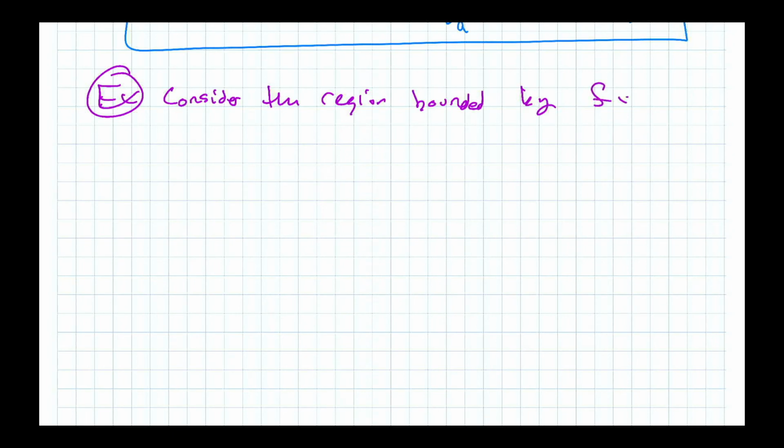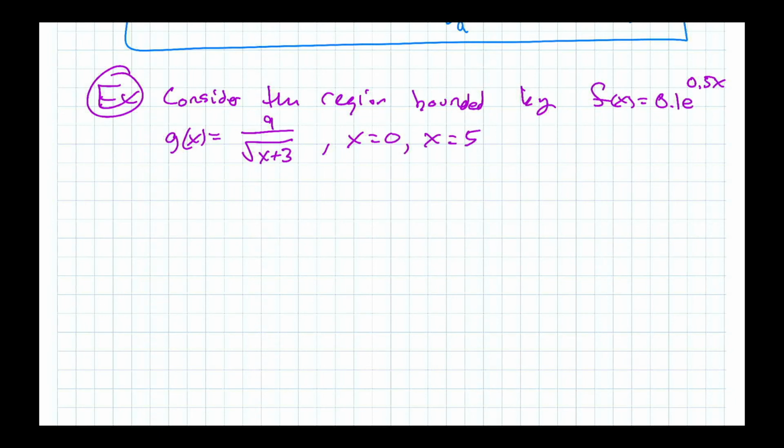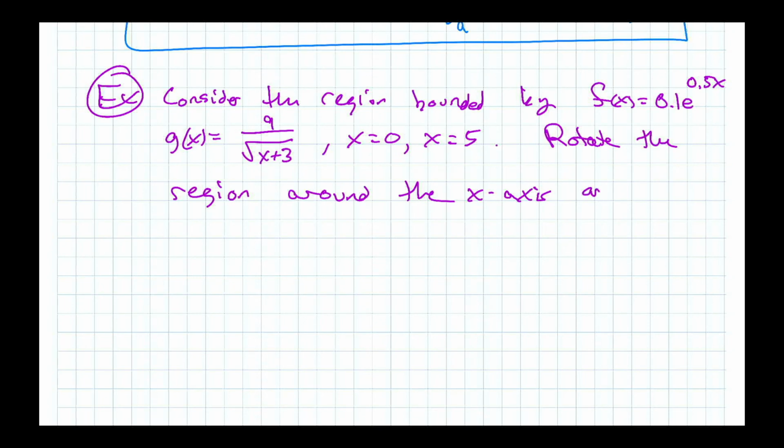They have f of x equals 0.1 e to the 0.5 x, g of x equals 9 over square root of x plus 3, x equals 0, x equals 5. We want to rotate that around the x-axis and find the volume. So rotate the region around the x-axis and find the resulting volume of the solid.